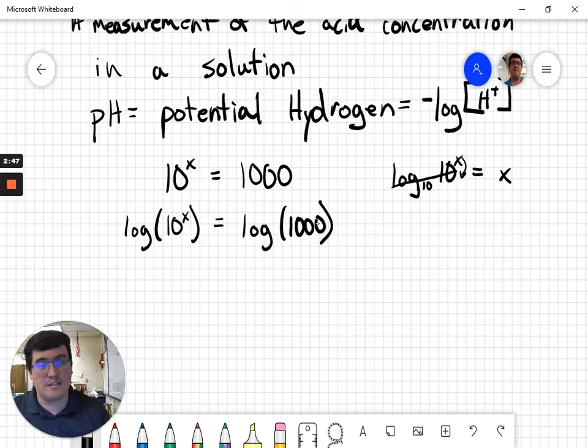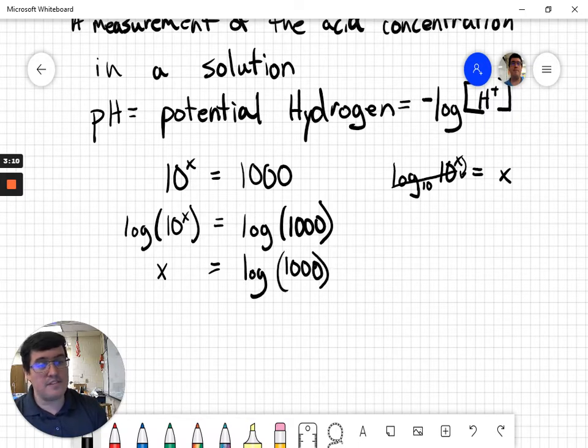By the way, chemists never use anything but log base 10, so we only just call it log. So you only have to worry about log. So anyways, the log of 10 to the x is just x, believe it or not. And that equals log of 1,000.